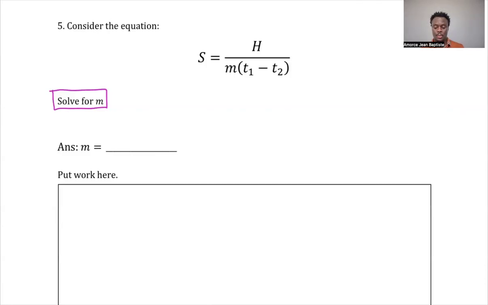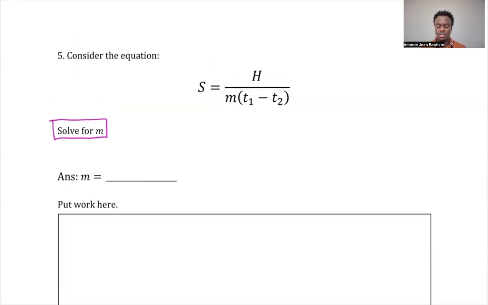So I'm going to multiply by something that makes my m on the outside of the equation. Let me write this: S equals h over m times T1 minus T2.